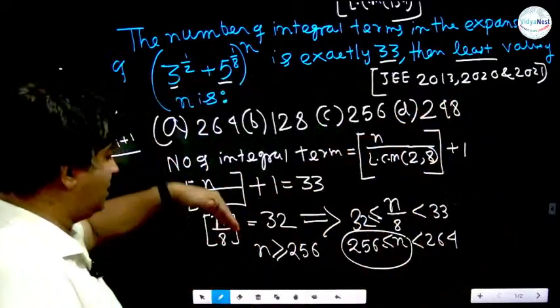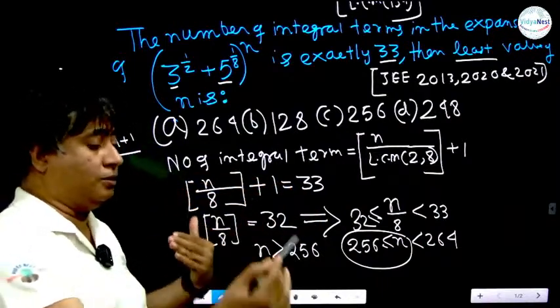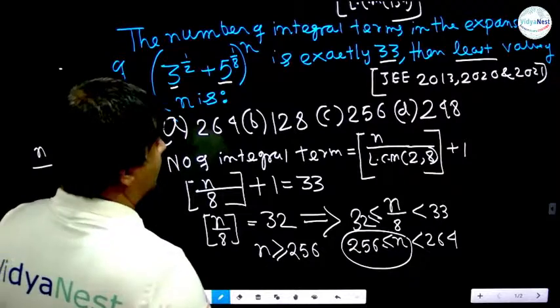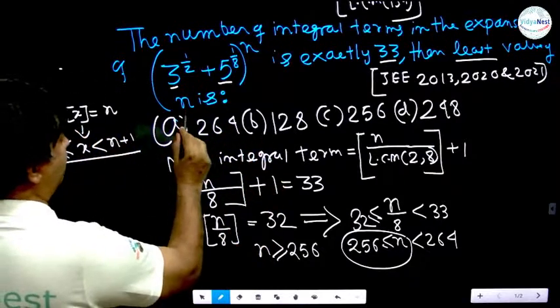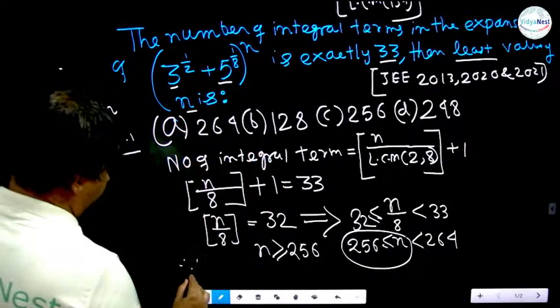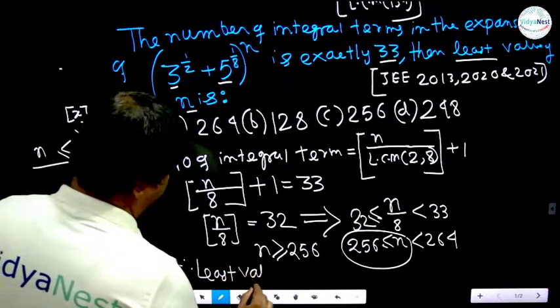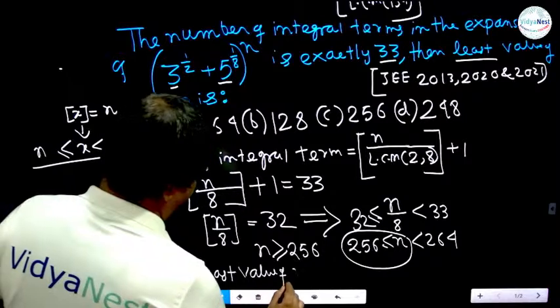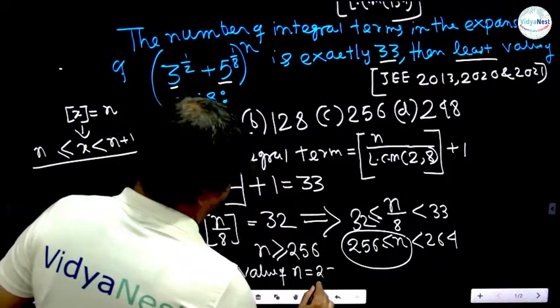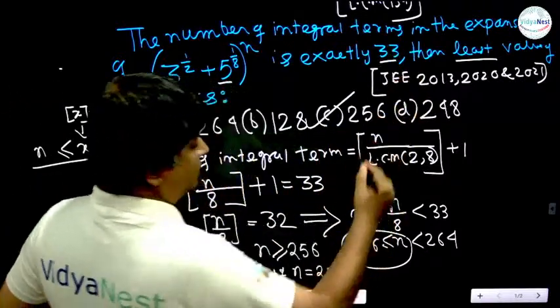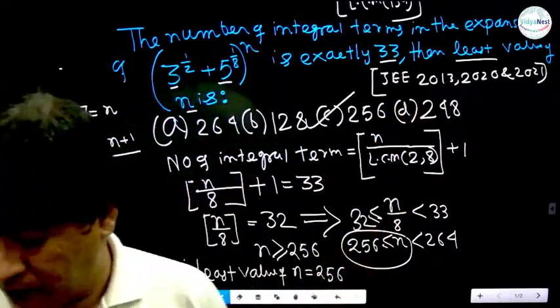Least value means n cannot be lesser than 256. So the least value of n is 256. Does it match with any option? Yes, it matches with option C.